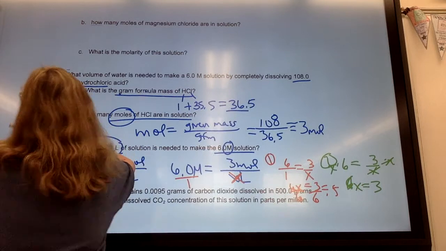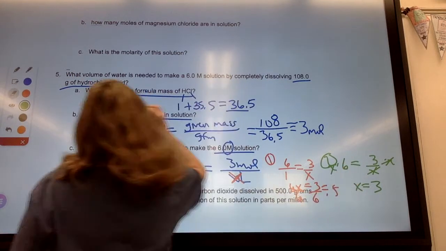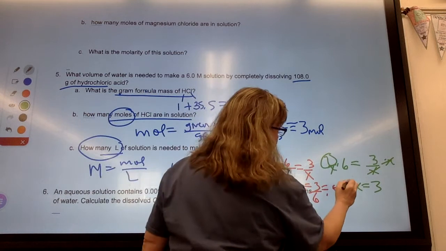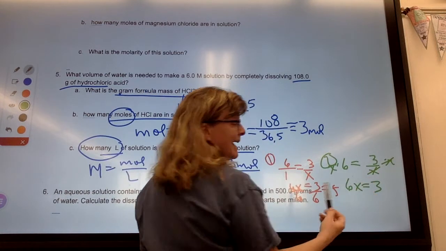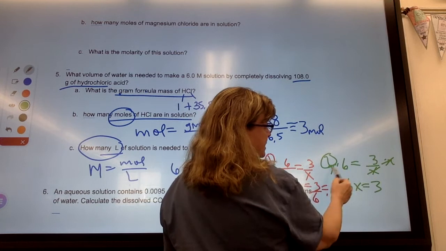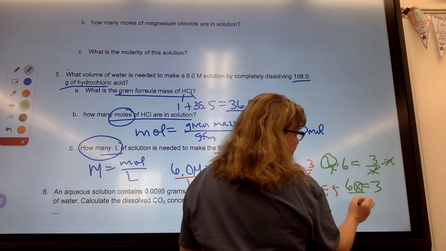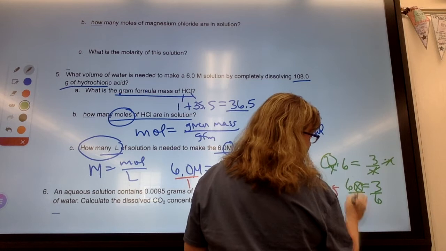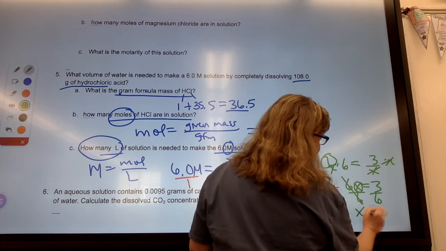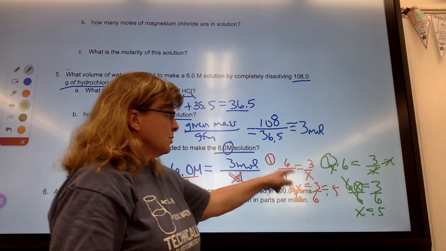So I can clean that up a little for you guys. Again, I'm trying to get x by itself. I can multiply both sides by x. There it cancels, 6x equals 3. And then to get x by itself, I divide both sides by 6. That cancels, and I get x equals 0.5. So you can do either way.